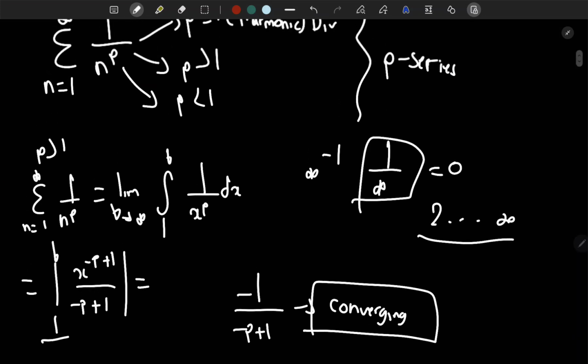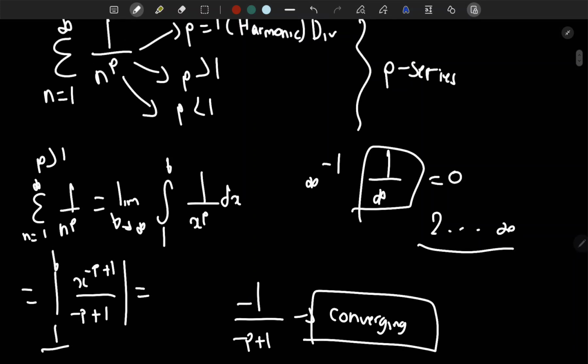So once again, let me just go back to the question. We replaced it with integration from 1 to b, where b is positive infinity. And if we find that this integration is a converging number, this means that the series or sequence is also converging. If we find that it's positive or negative infinity, then this series is also diverging.